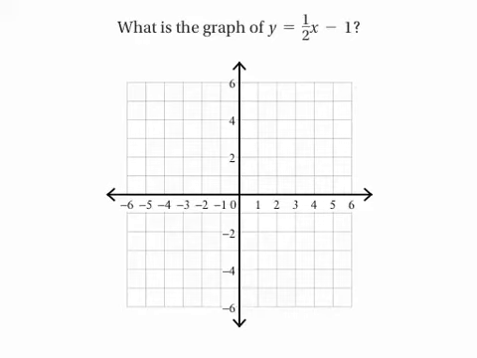Start in the coordinate plane on the y-axis at -1 and go ahead and put a point there. From that point, from the y-intercept, you're going to count your slope. So I'm going to go up 1 and to the right 2, and I'm going to put a point.